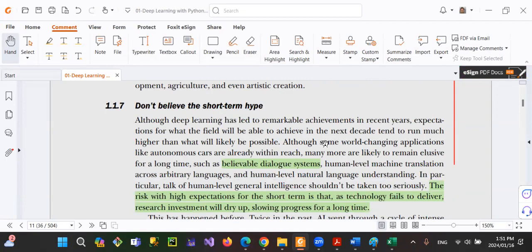And it says that the risk with high expectations, we had 2 winters already. They call it, the term has come from the Cold War between USSR and United States. So we experienced 2 winters in technology, in AI.